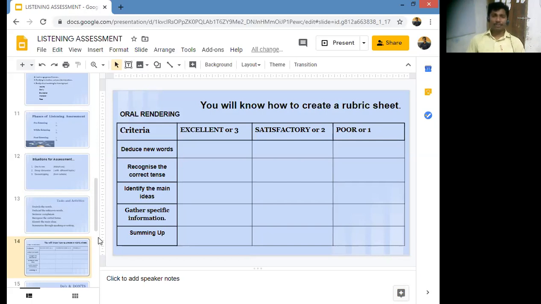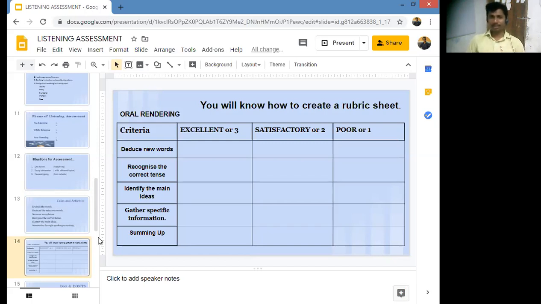Okay, so for that I have taken three criteria: excellent 3, satisfactory 2, poor 1. While having the oral rendering session, the first key for grading my learners is that they deduce the new words.